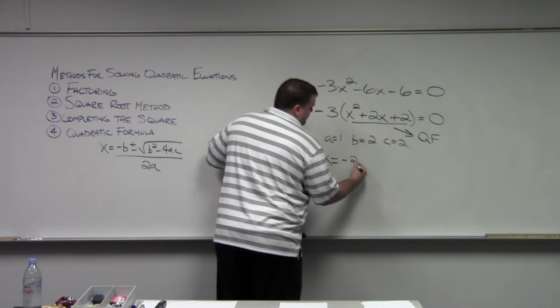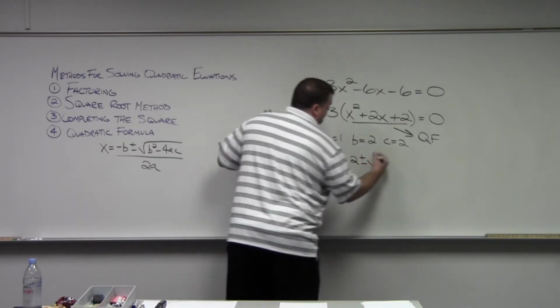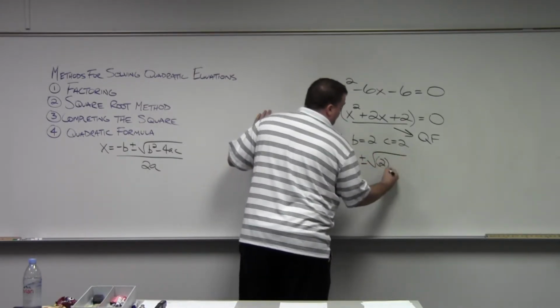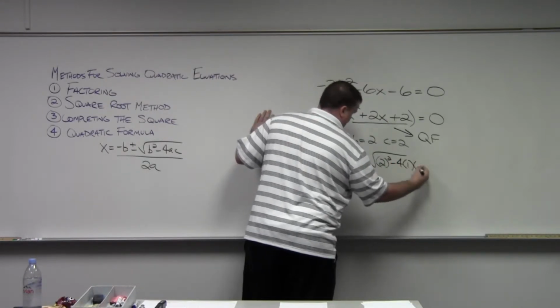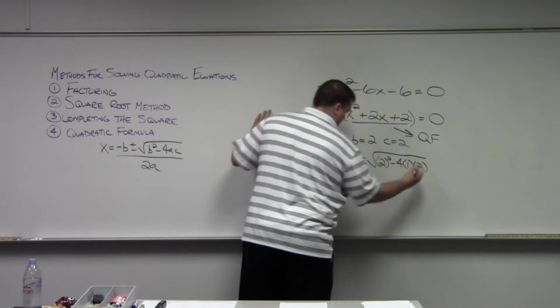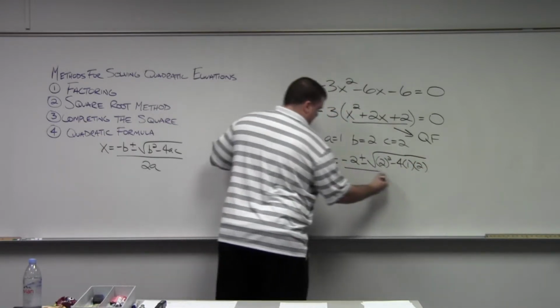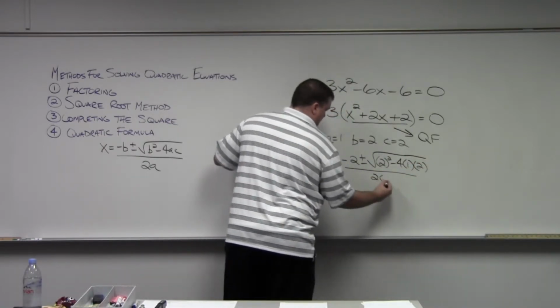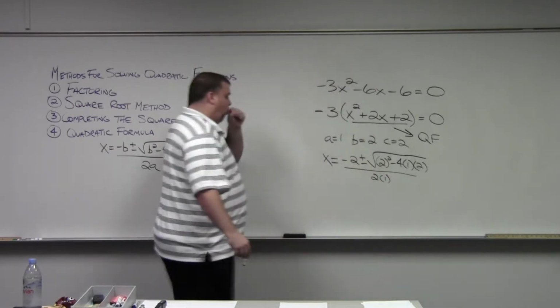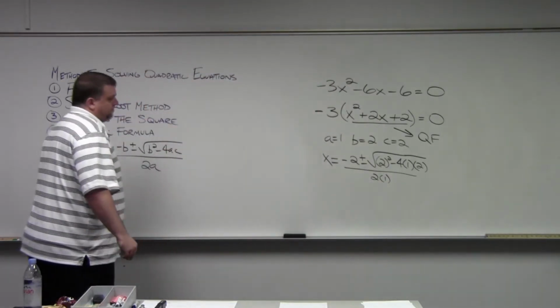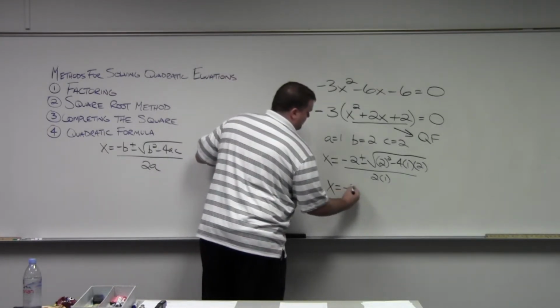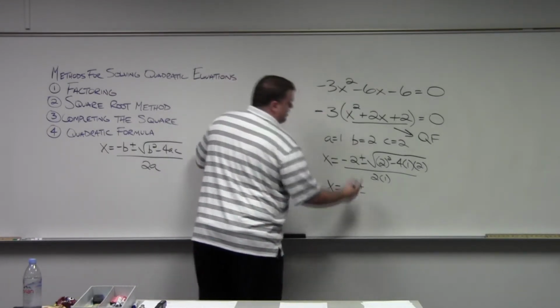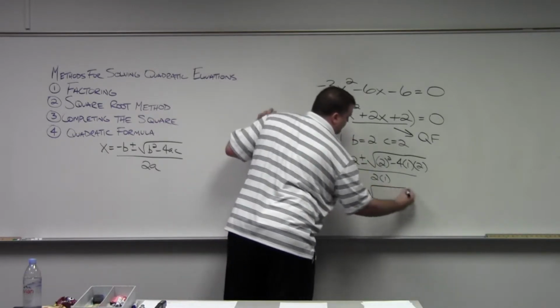X equals negative 2 plus or minus 2 squared minus 4 times 1 times 2 over 2 times 1. X equals negative 2 plus or minus. That 2 squared is 4.